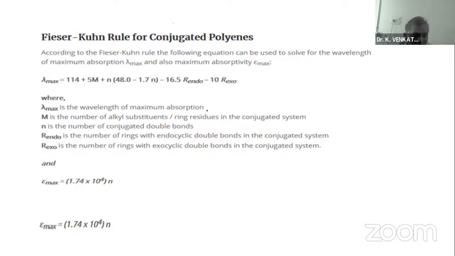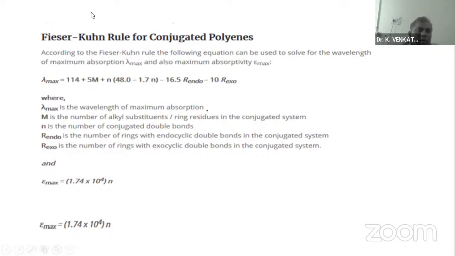So lambda max equal to 114 plus 5M plus N into 48.0 minus 1.7 N, minus 16.5 R endo, and minus 10 R exo. So this is the formula for more than 4 double bonds: 114 plus 5M plus N into (48.0 minus 1.7 N), minus 16.5 R endo and minus 10 R exo.